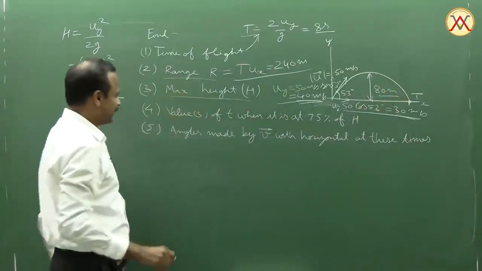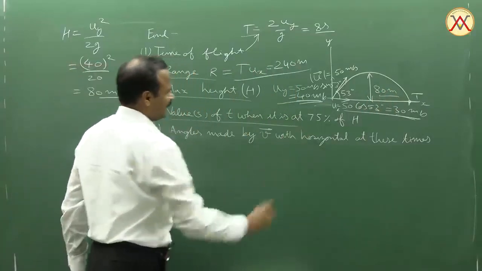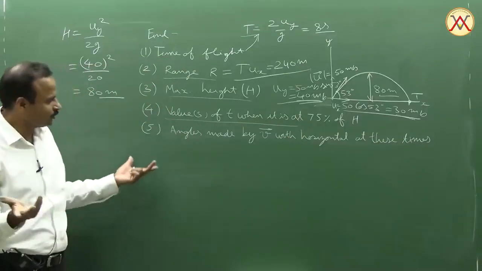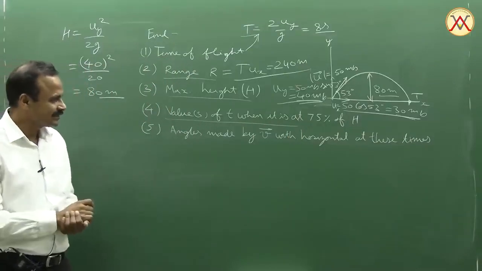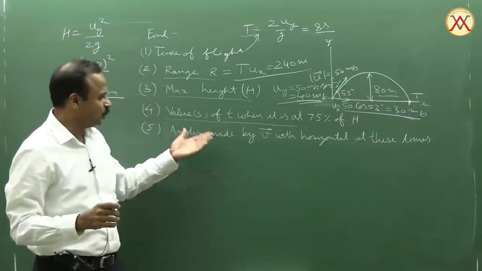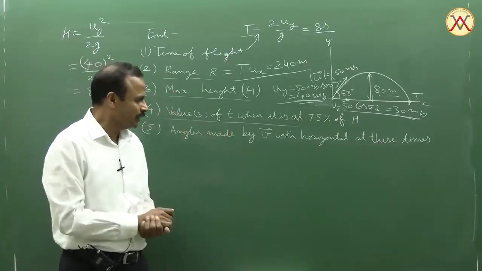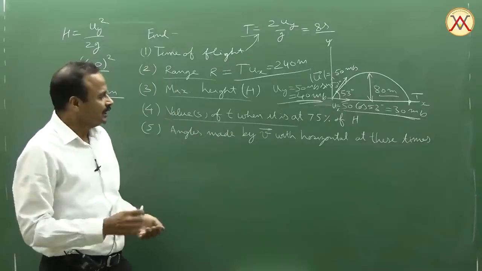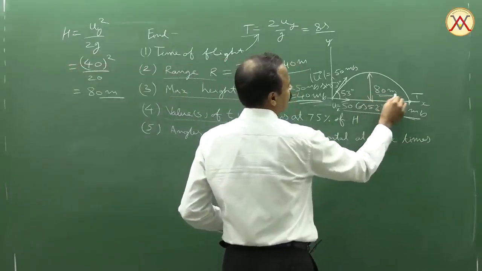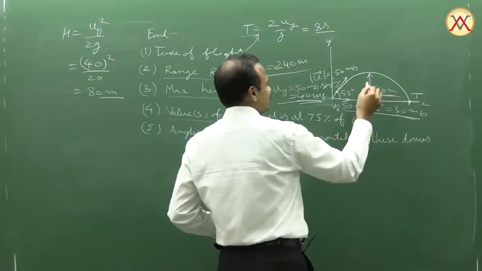Now the next part, we have to find values of time when it is at 75% of the maximum height. So will it be just one value or are there going to be more than one values? See, if you look at the diagram, 75% of this 80 meters, how much is that?